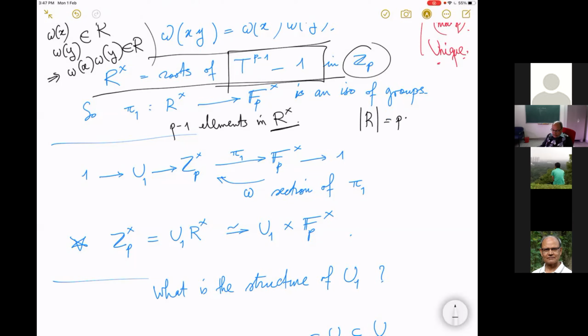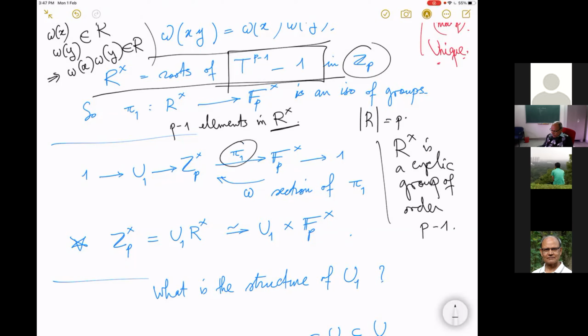So, and in fact, because this omega is an isomorphism, R star is a cyclic group of order p minus 1. And in fact, this pi 1 is an isomorphism, right?